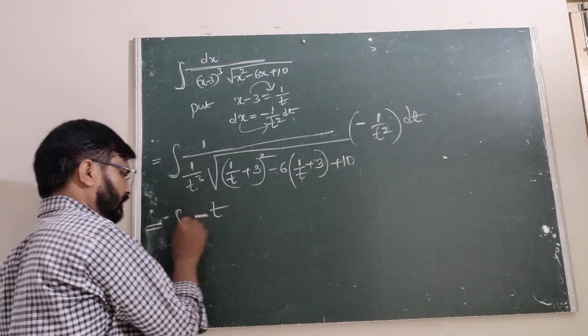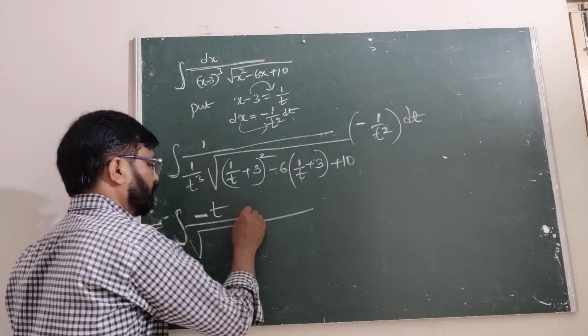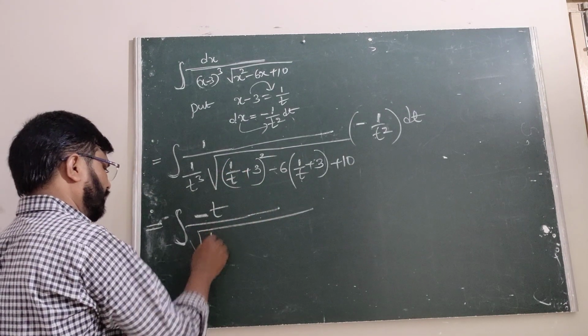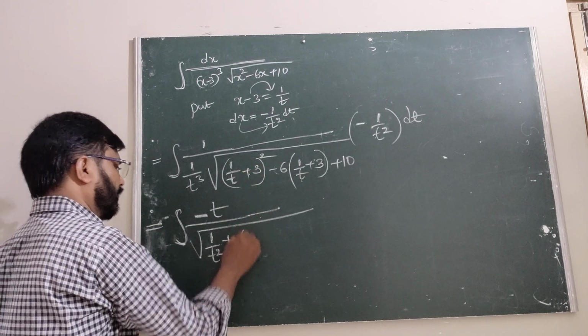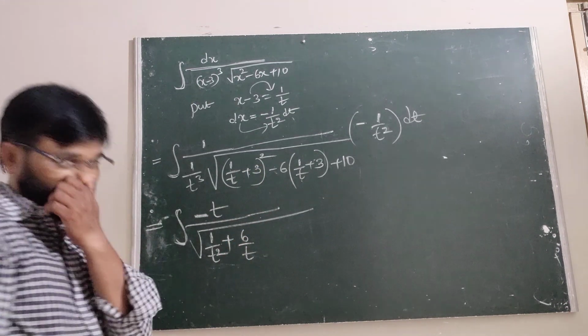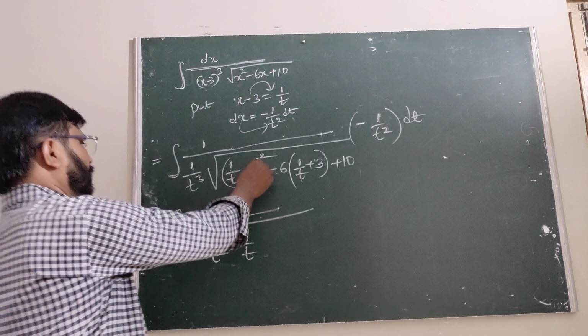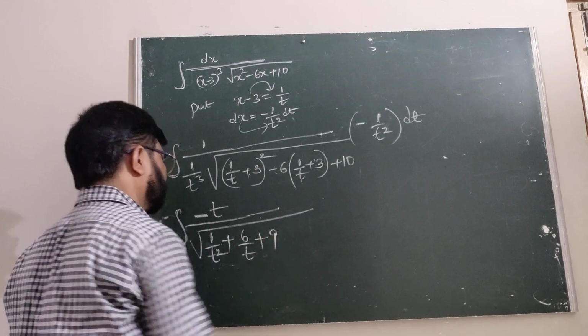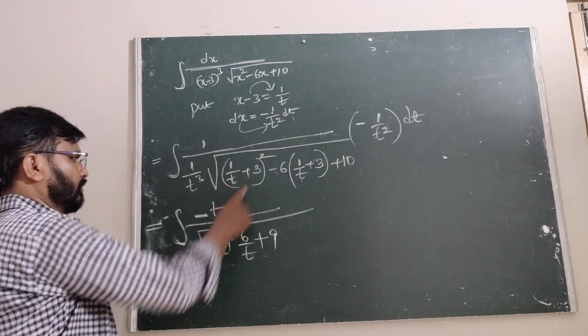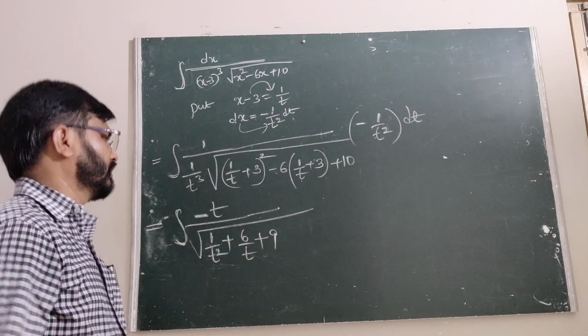Now we are getting t under root of, therefore this is a square, 2ab, 6 by t, and b square is 9.